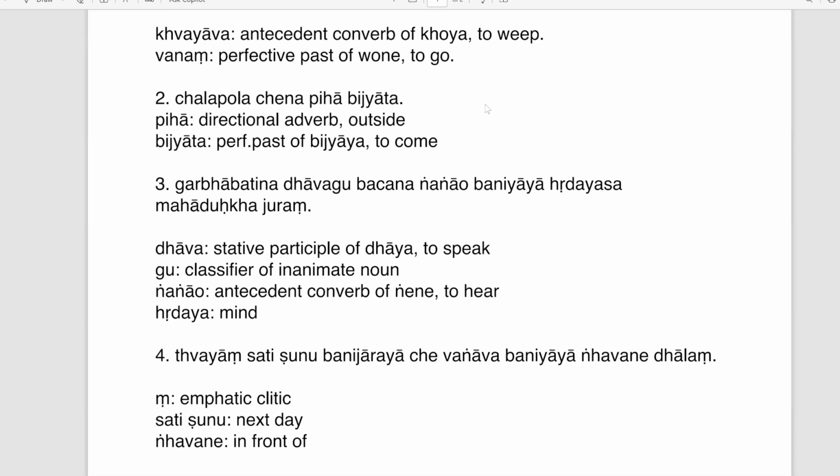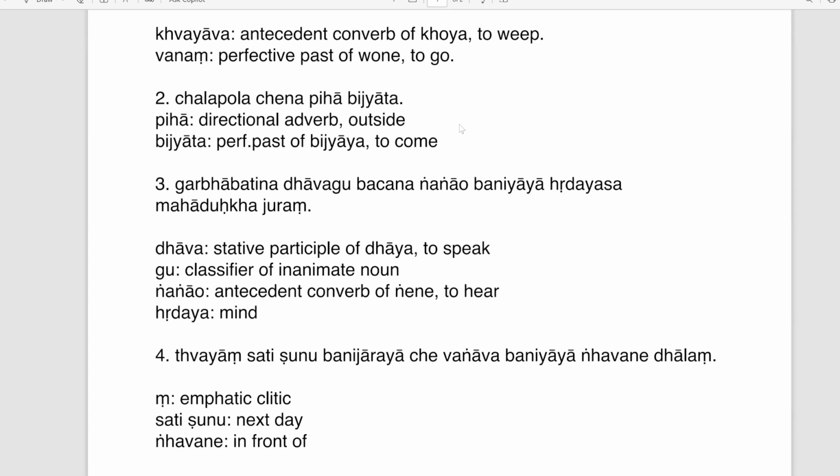Literally, came out of the house. Vijada is the perfective past, and you will also see Vijaden, Vijado, and Vijada. All three forms are the same. They are just the perfective past.